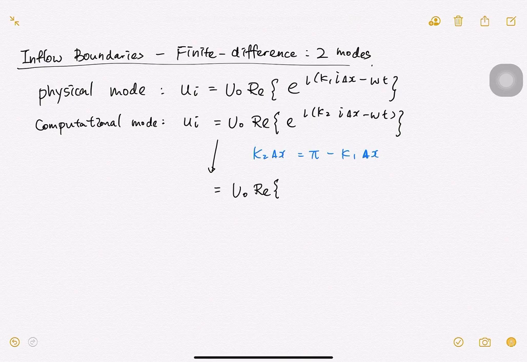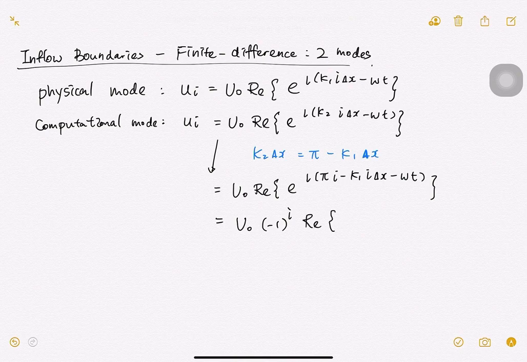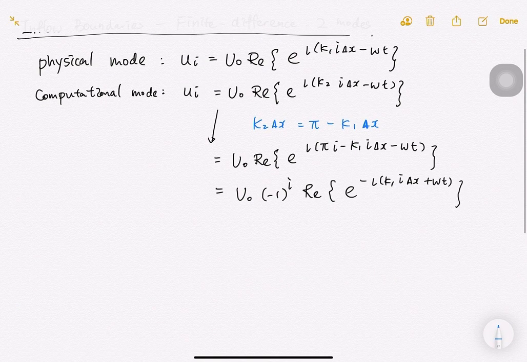We rewrite the computational mode in terms of K1: e to the power of iota (pi minus K1) i delta x minus omega t, equals U naught times minus 1 to the power of i, times e to the power of minus iota K1 i delta x minus omega t.